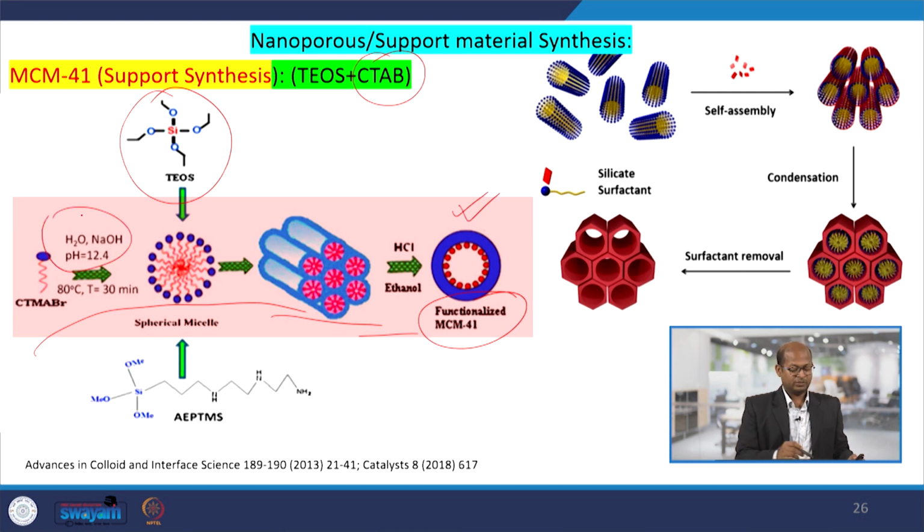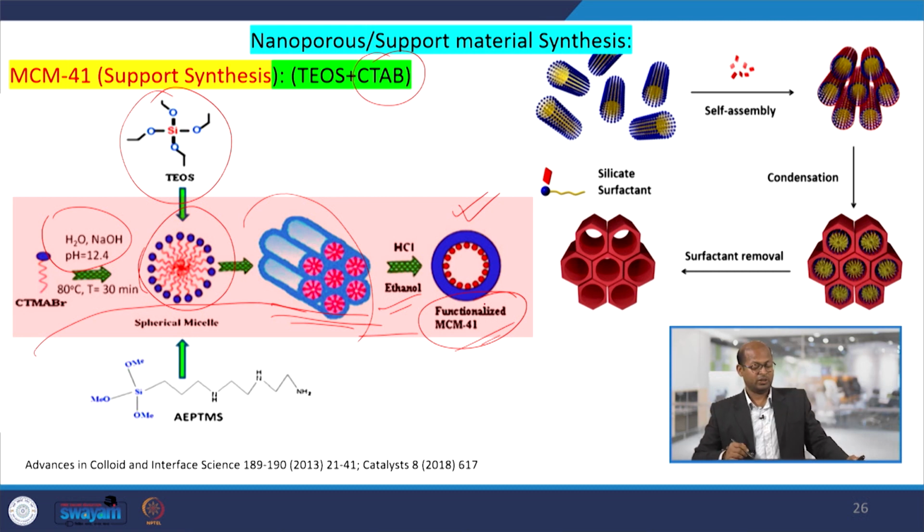Here we have to maintain some temperature, pressure and pH. Self-assembled spherical micelle formation should be there, and with silica this type of structure forms. After that, if we heat up to remove the surfactants, this type of MCM-41 support material, a mesoporous material, we can synthesize.